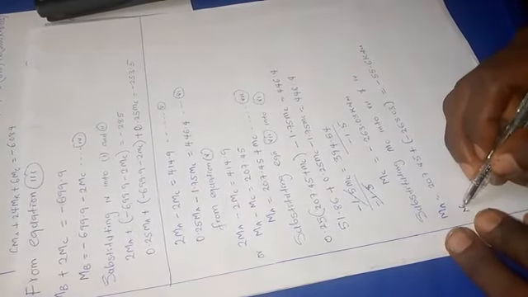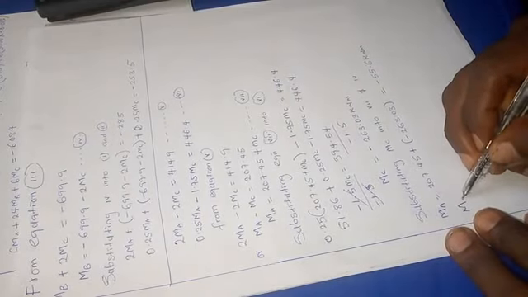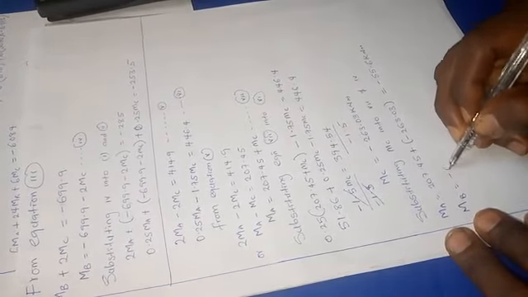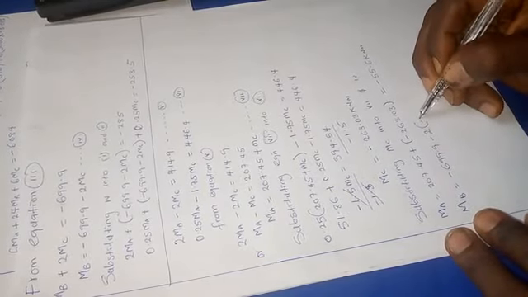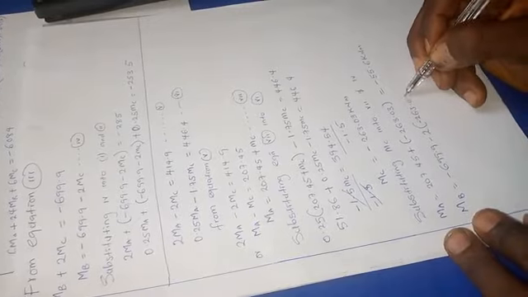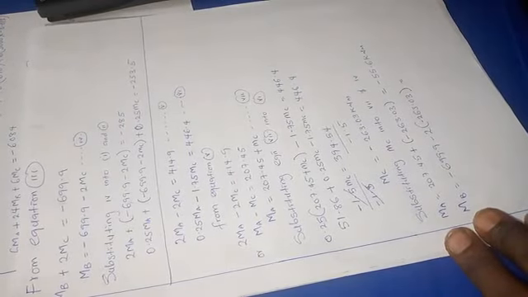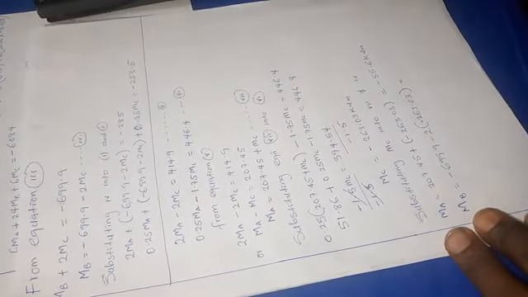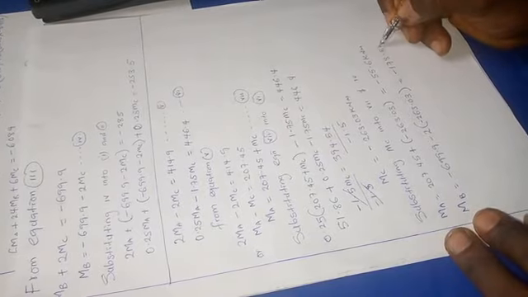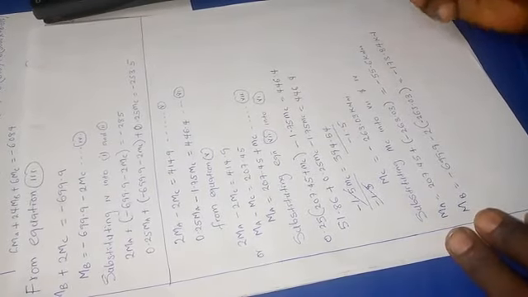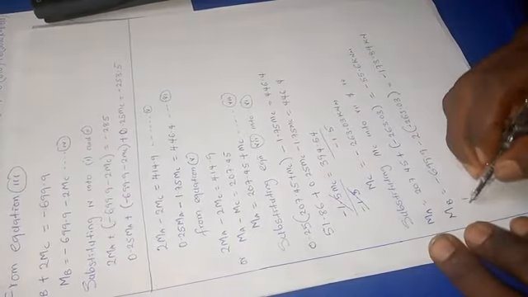Likewise, if I substitute into equation 4, my MB will be equal to minus 699.9 minus 2 times minus 263.03, which gives my answer as minus 173.84 kilonewton meter. Wow!